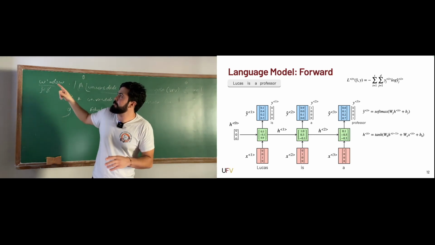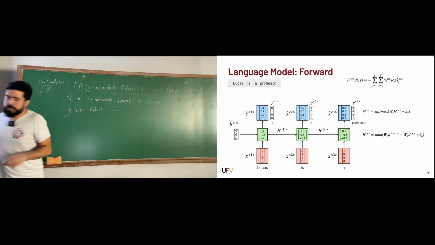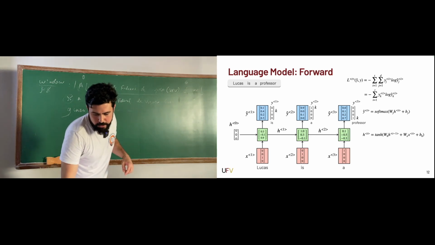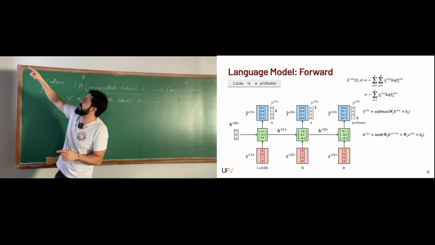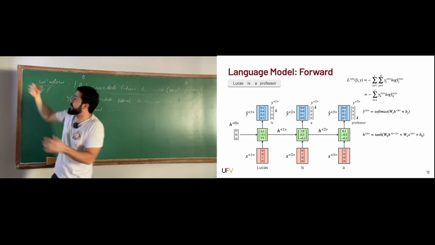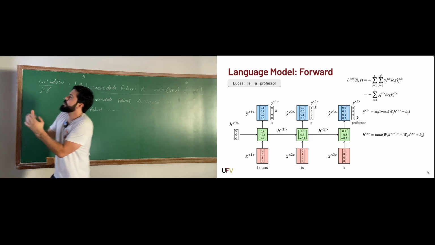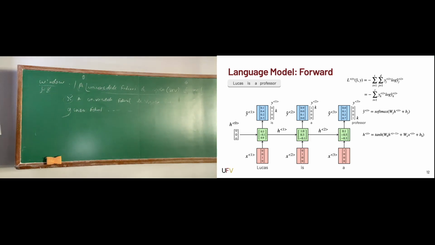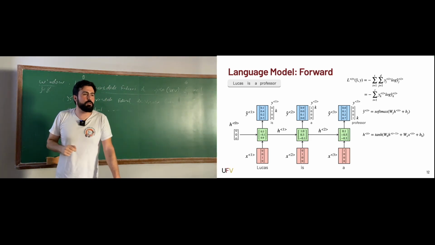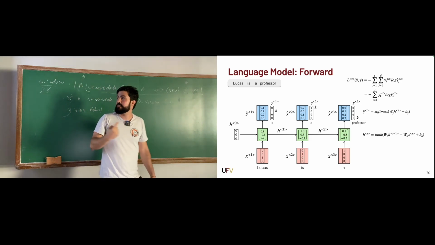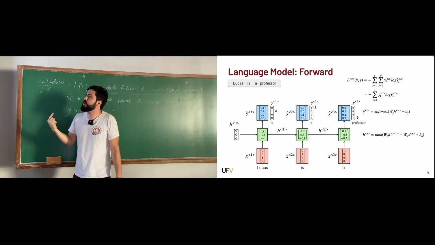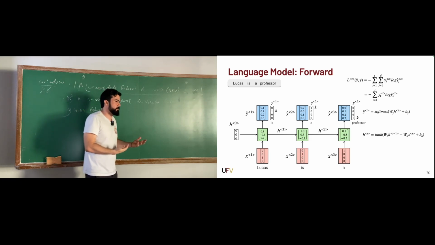So let me just simplify this loss function a little bit. If you pay attention, we can eliminate the inner summation because we have a one-hot encoding vector, so there's only one dimension, k, with a value different than 0.